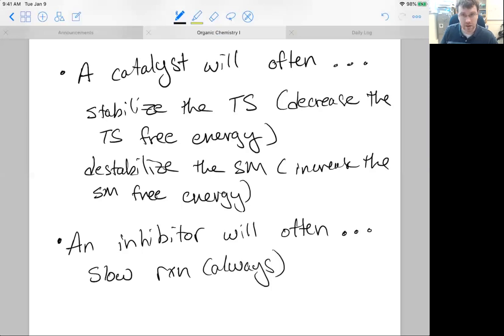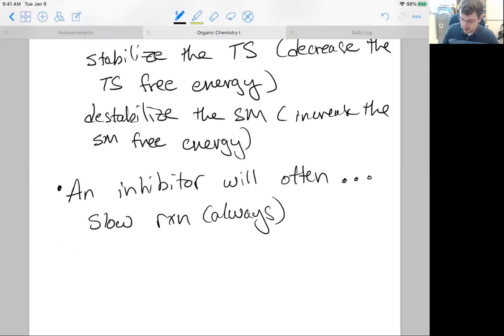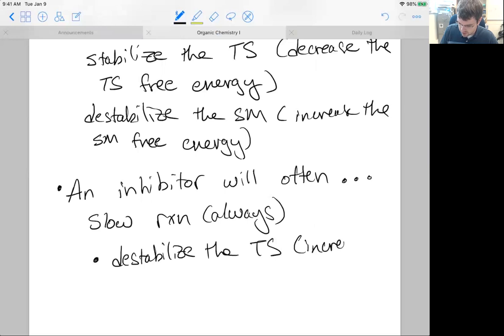Otherwise, it's a catalyst if it speeds up a reaction. So it will slow the reaction by doing the exact opposite of what we said before. It will destabilize the transition state and increase the TS energy.